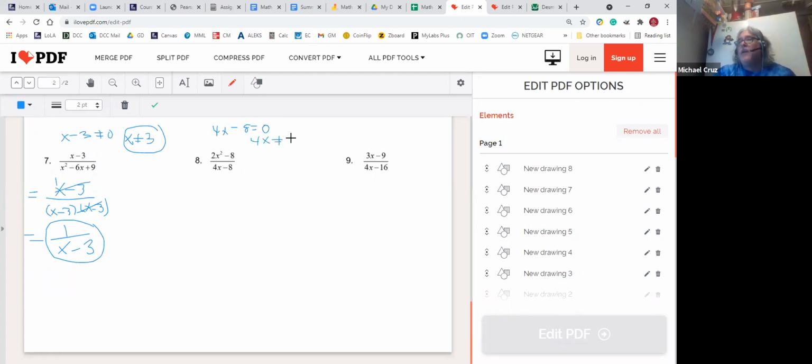It can't be equal to 8. So x can't be equal to 2. No 2. Because look at this. If you got a 2 for x, 2 times 4 is 8. 8 minus 8 is 0. So it cannot be an 8. I mean, sorry, a 2. Because then that'll give you a 0 down there.